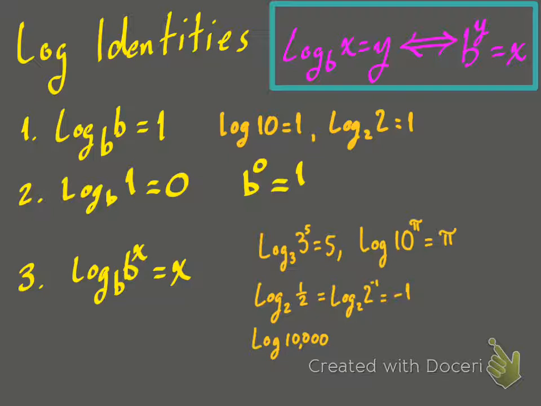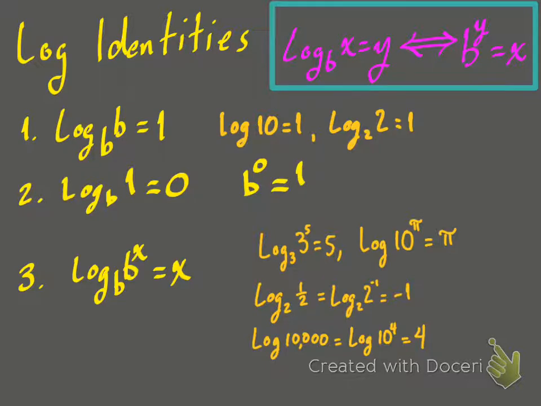Or if you had log base 10 of 10,000, 10,000 is 10 to the 4th. So log base 10 of 10 to the 4th equals 4. So that identity is actually helpful sometimes in evaluating other log expressions. Keep that in mind. If you can get the argument of the log expression to be the same base as the base of the log, then the exponent is just what that whole logarithm equals.